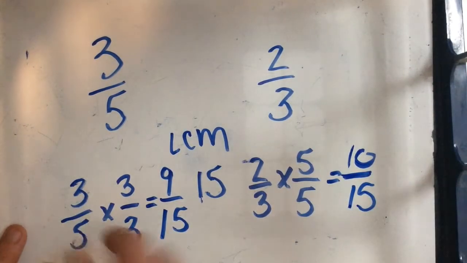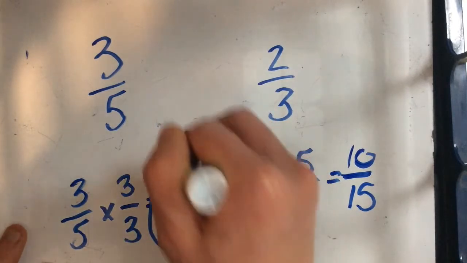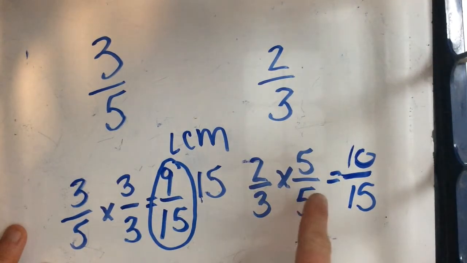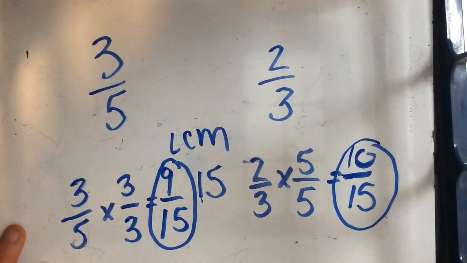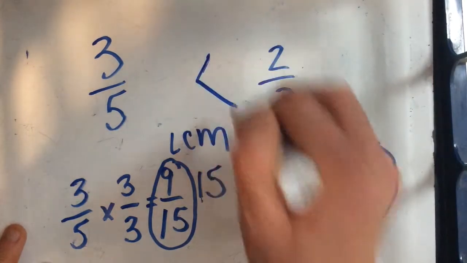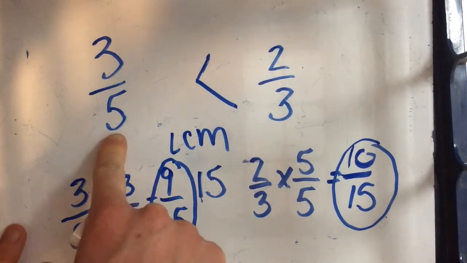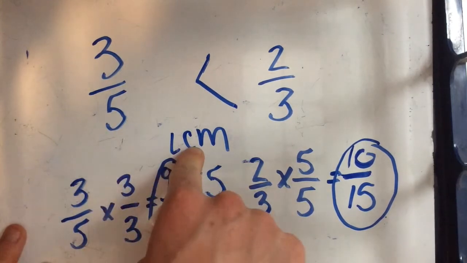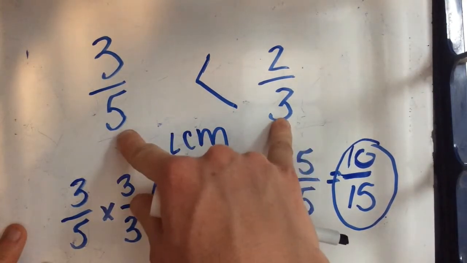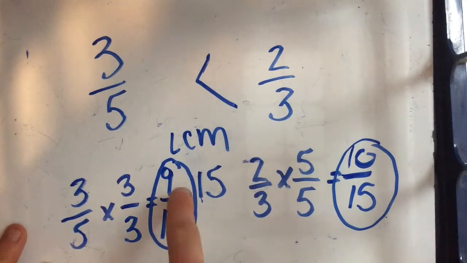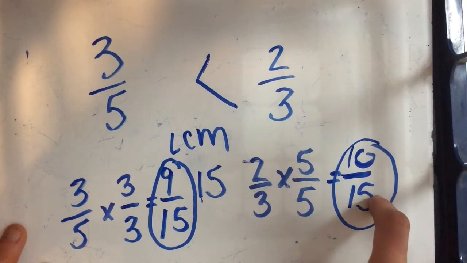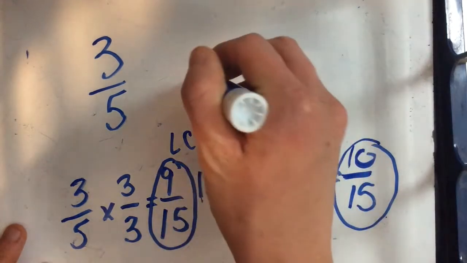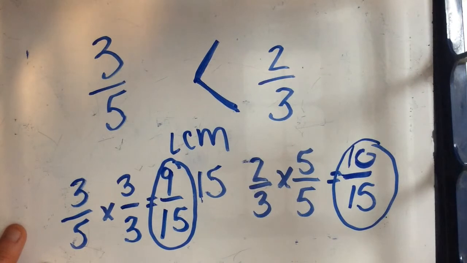So now, if 3/5 is equivalent to 9/15ths, and 2/3 is equivalent to 10/15ths, that helps me to know that 2/3 is actually greater than 3/5, because if we use our least common multiple to find common denominators, I can see that 3/5 will give me 9/15ths, 2/3 is the same as 10/15ths, and 10/15ths is greater than 9/15ths, so 2/3 is greater than 3/5.